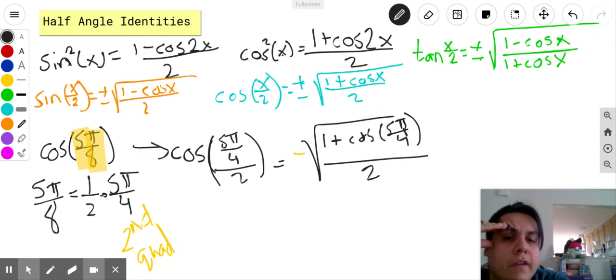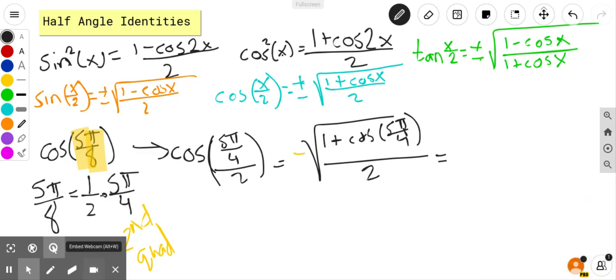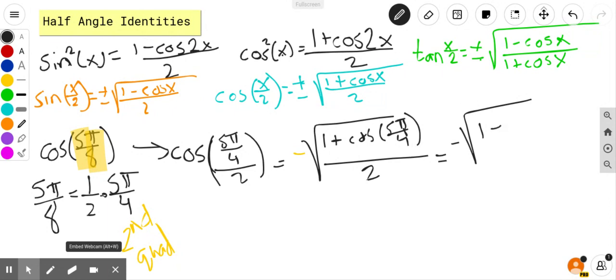And 5 pi over 4 has a reference angle of pi over 4, which means I'm looking at a radical 2 over 2. But it's a 5 pi over 4, so it should be in the third quadrant, so that should be negative. So this comes out to negative radical 1 minus radical 2 over 2 divided by 2.